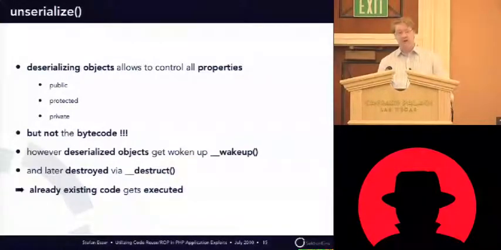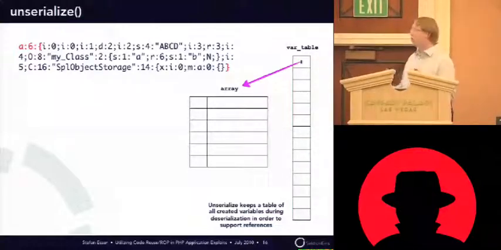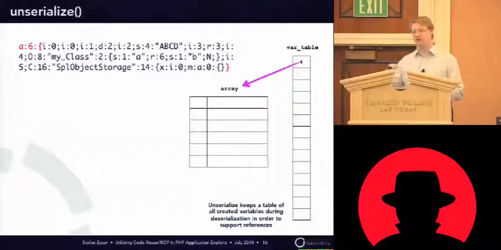To show you the internal working of unserialize, I have a little example. One thing that's very important for the second part of the presentation is the variable table you see on the right side. This is an internal table of unserialize that keeps track of all the variables created by the unserialize parser during a single call of unserialize.